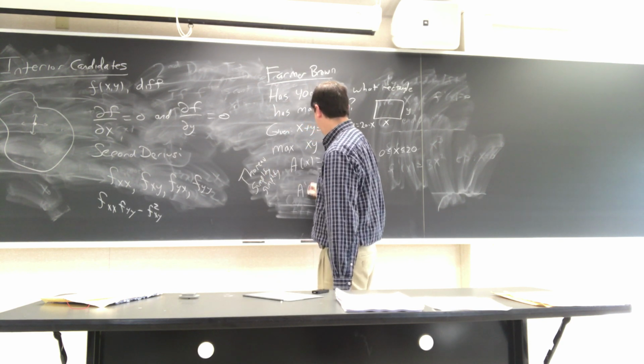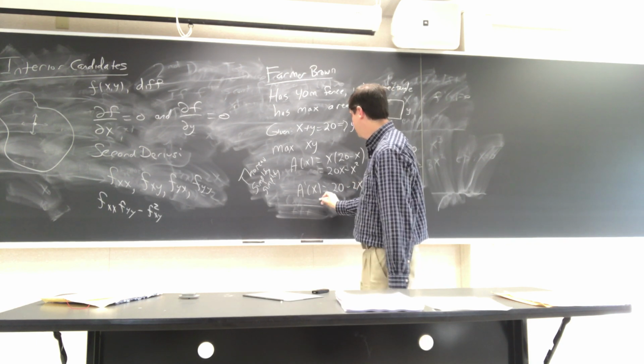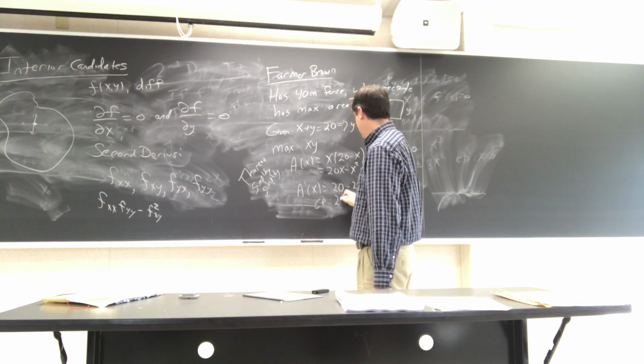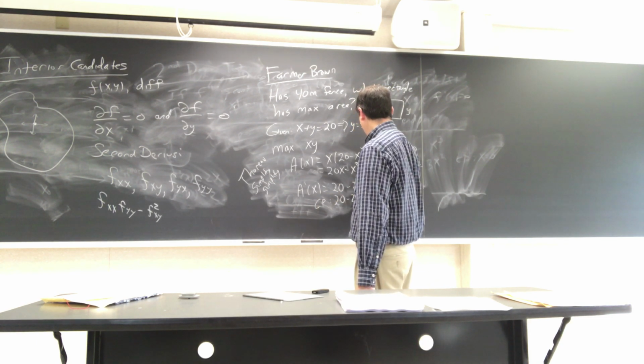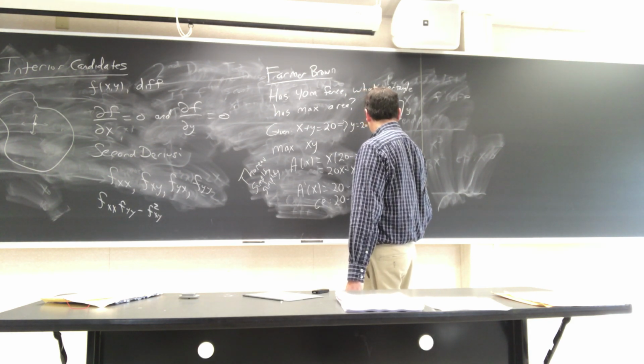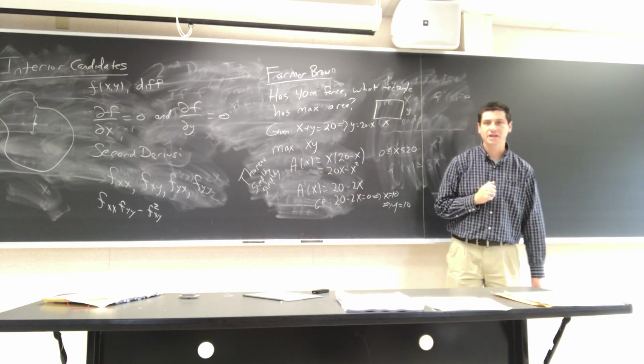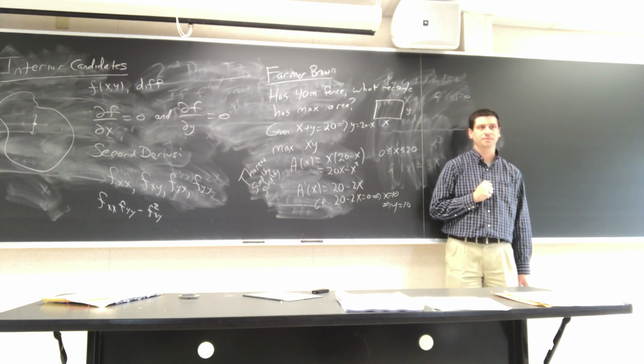All right, so we get A prime of x is going to be 20 minus 2x. So the critical point is 20 minus 2x equals 0. So x equals 10, which then implies y equals 10.